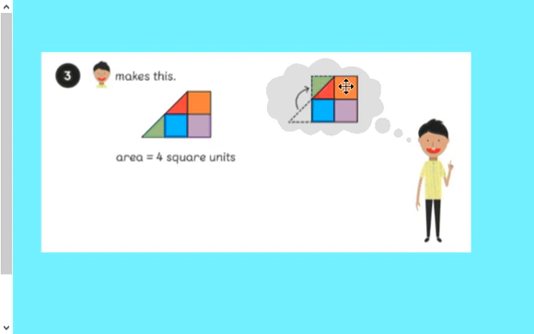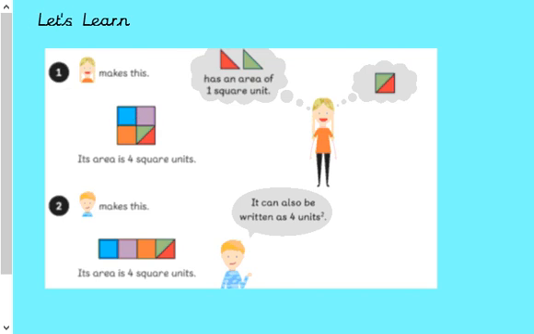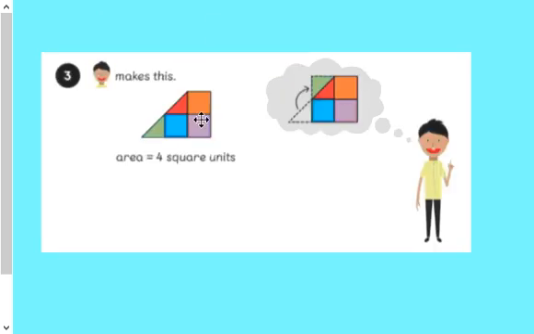And that creates the same shape as the young lady had here just now. So he's worked it out as being 4 squares by rotating and moving the triangle into place there.